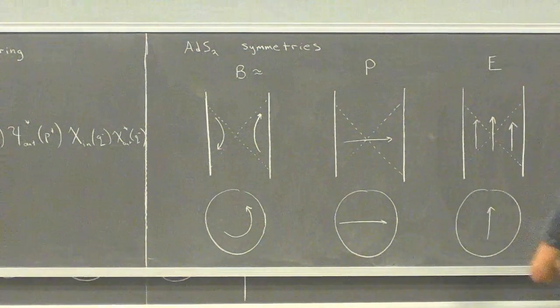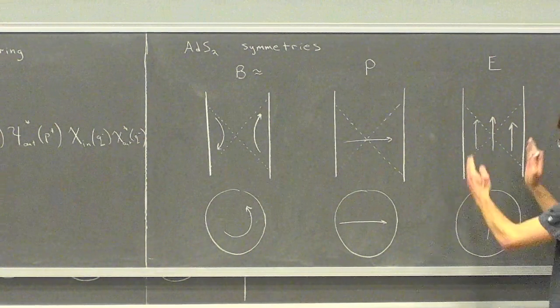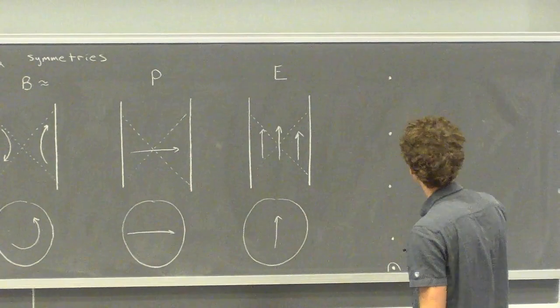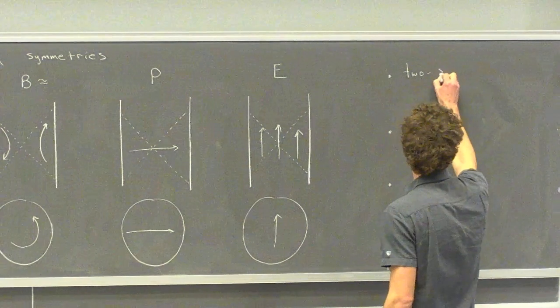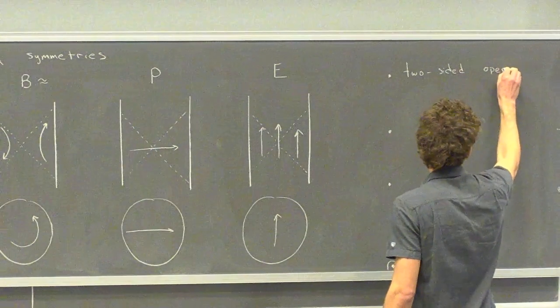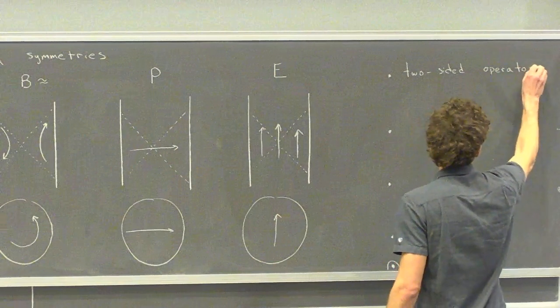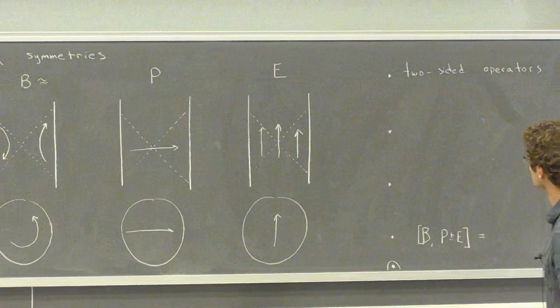And I want to emphasize a couple of properties of these from the perspective of the quantum mechanics on the boundary of AdS2, so these two boundaries. One point is that these are two-sided operators that are defined as acting on both of the boundaries of AdS2.